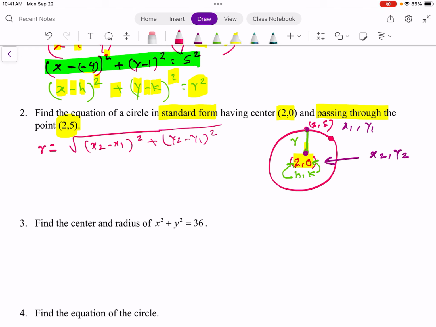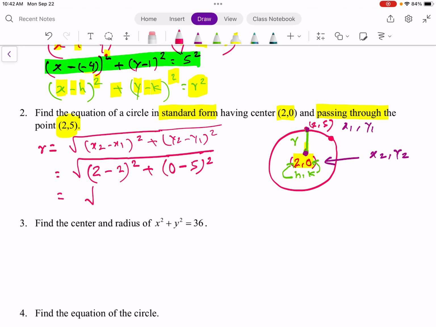Now you substitute your x1, y1, x2, y2. What is x2? x2 is 2. So 2 minus x1, which is 2, squared, plus y2 is 5 minus y1 is 0, squared.